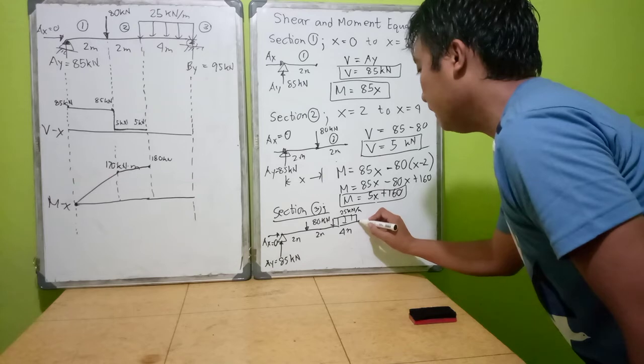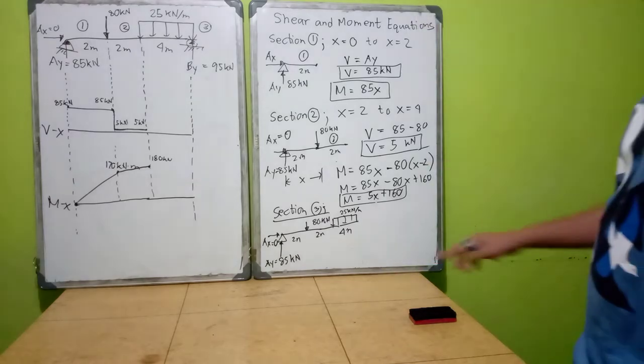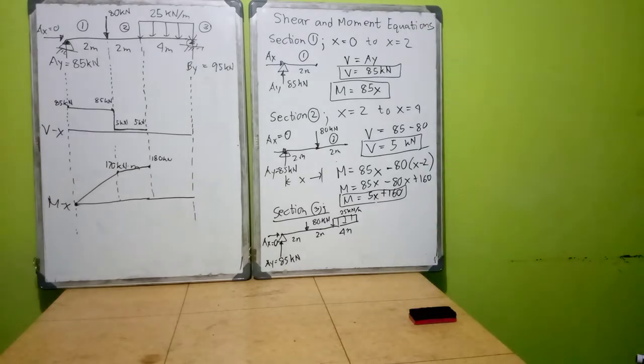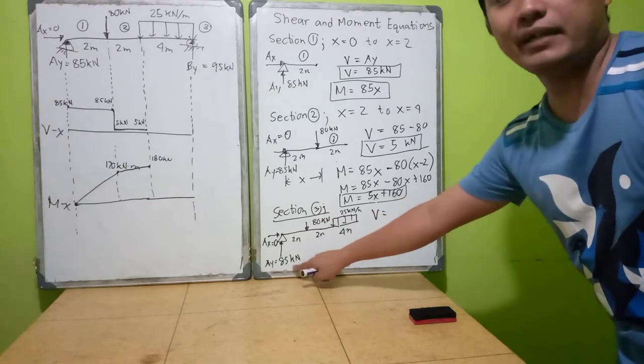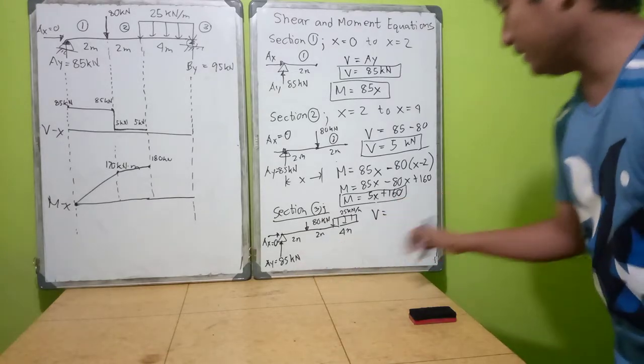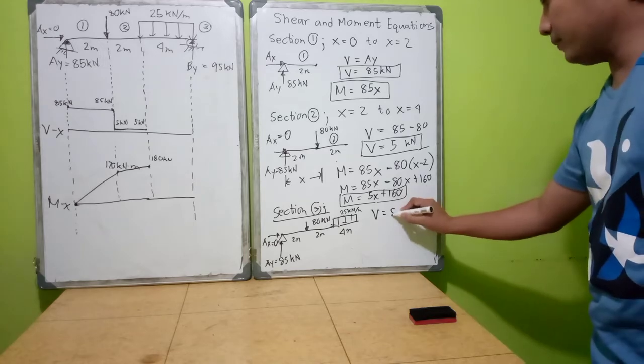If that is the case, we write again your shear. Your shear is 85 kilonewton.